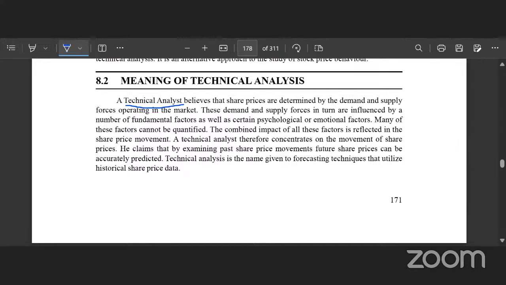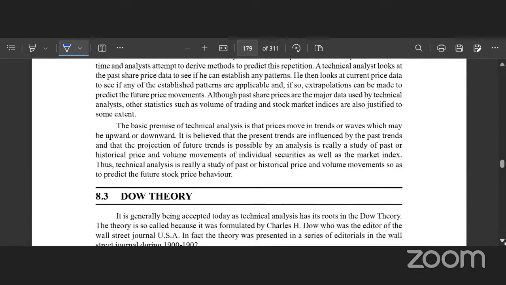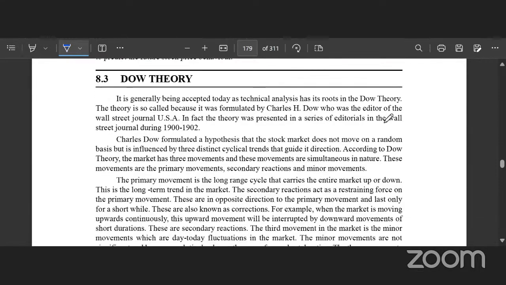The technical analyst believes there are certain factors that make the price move which cannot be quantified. The technical analyst claims that by examining past share price movement, future share prices can be accurately predicted. So by using past data, you will be predicting future prices.